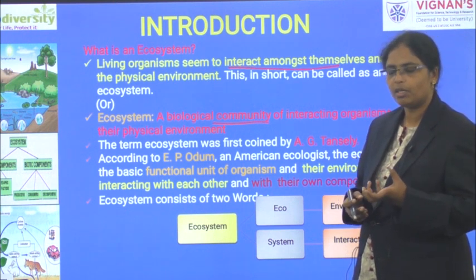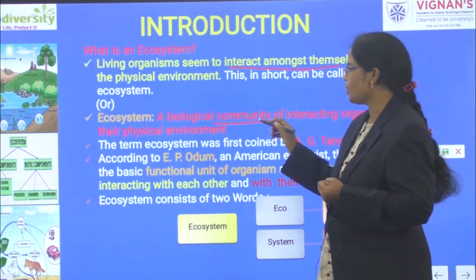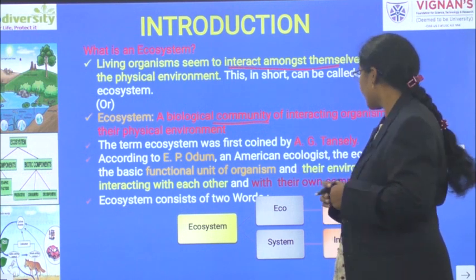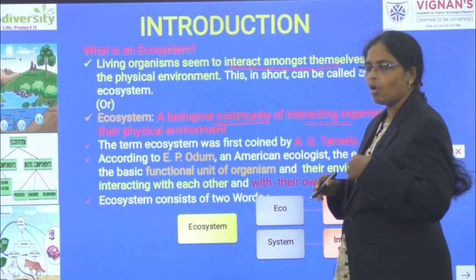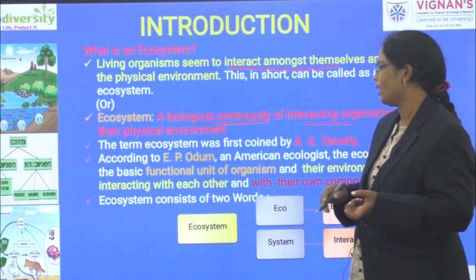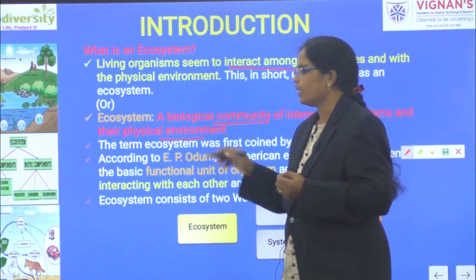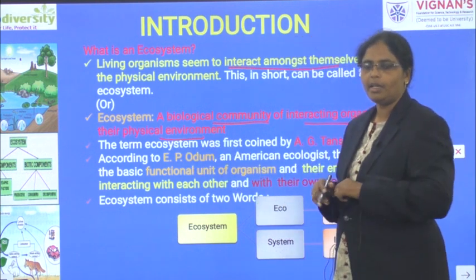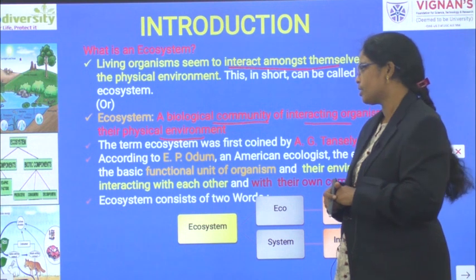Those are called as biological community. So these biological community, they interact with each other, and not only interaction with each other, they interact with the physical environment. So then that particular area is called as an ecosystem.